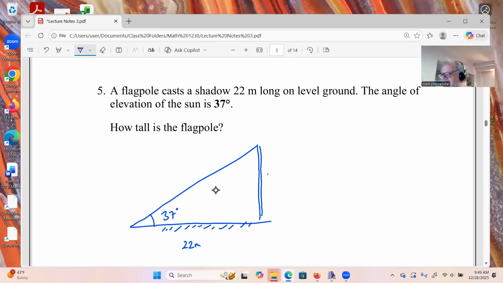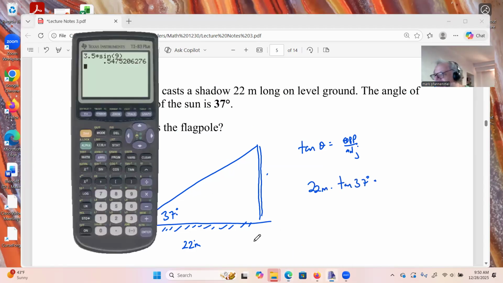So here we have an opposite, we have an adjacent, we have an angle. We don't care about the hypotenuse, we don't care about this angle here. But opposite and adjacent and an angle, we're going to say that's tangent. So the tangent of my angle is equal to the opposite over my adjacent. I really want the opposite side. So we're going to say the adjacent side, that's the 22 meters, times the tangent of 37 degrees, and we'll go ahead and type that in here.